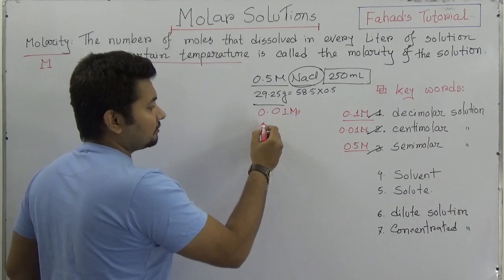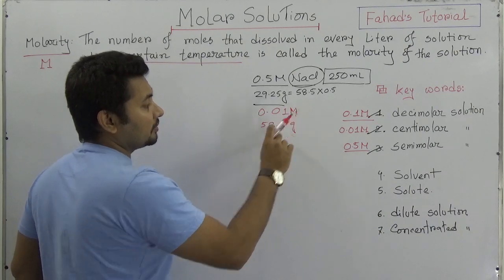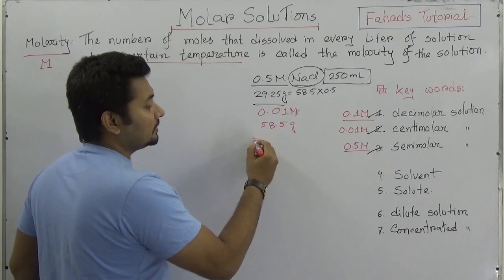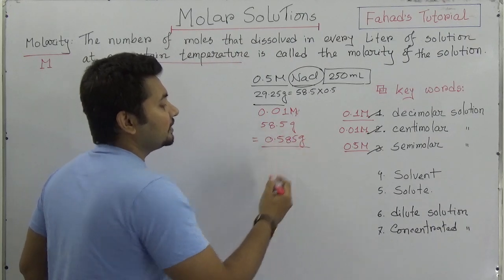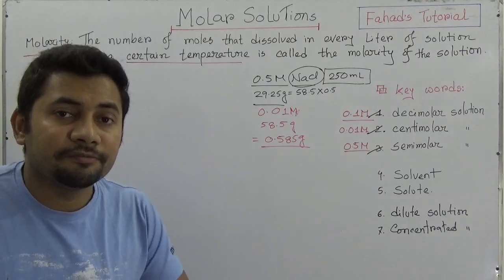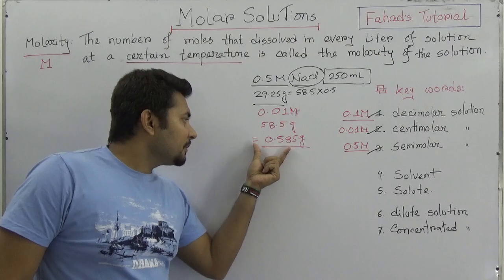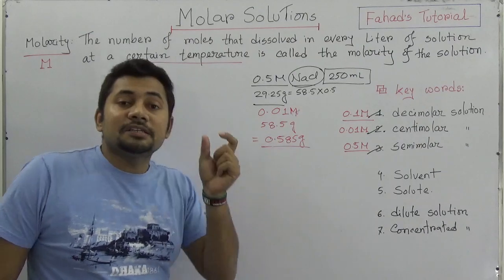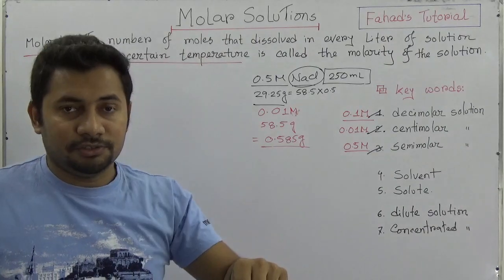Like we know that 58.5 gram is 1 molar. If it is 0.01, that would be 0.585 gram. That means almost half gram, a little better than half gram. So 0.58 gram sodium chloride is dissolved in a solution.